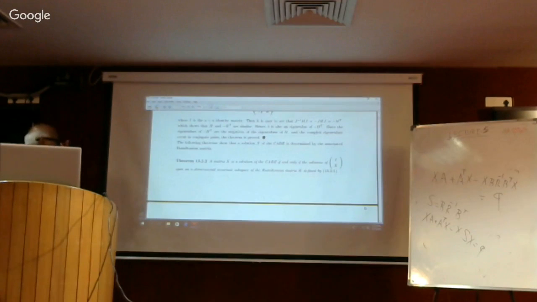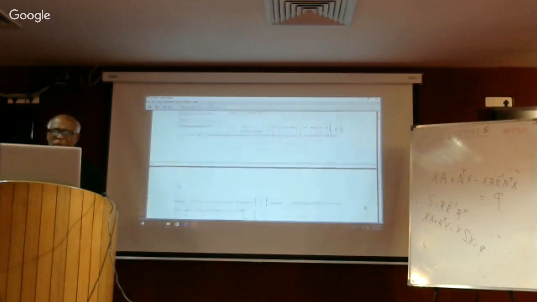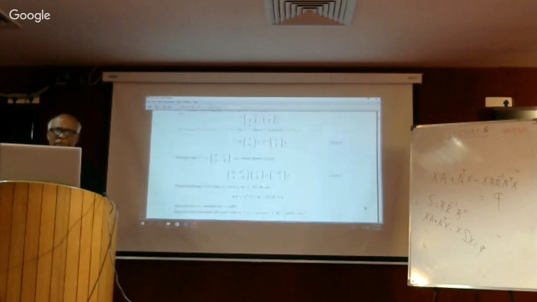Many of you are not familiar with this concept of invariant subspace. It's a subspace associated with the eigenvectors. But let's not bother about that. We can just bypass it. Let's see.